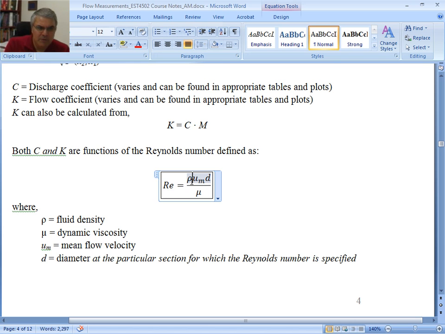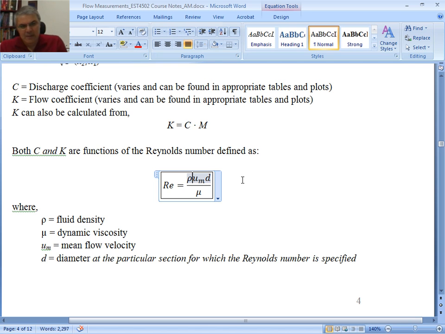This is the top portion of it, and there are three quantities that are multiplied: the fluid density, the mean flow velocity, and the diameter at a particular section for which the Reynolds number is specified.